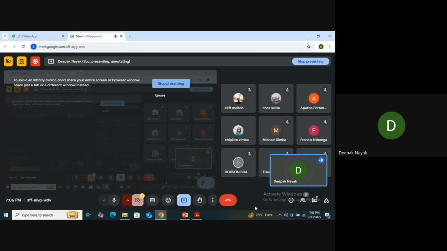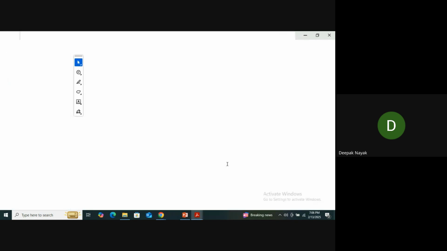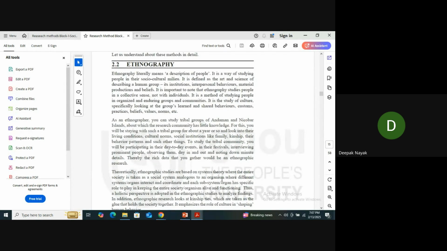For an ethnographic study, the ethnographer has to be among the particular ethnic group to understand it from a very close look.